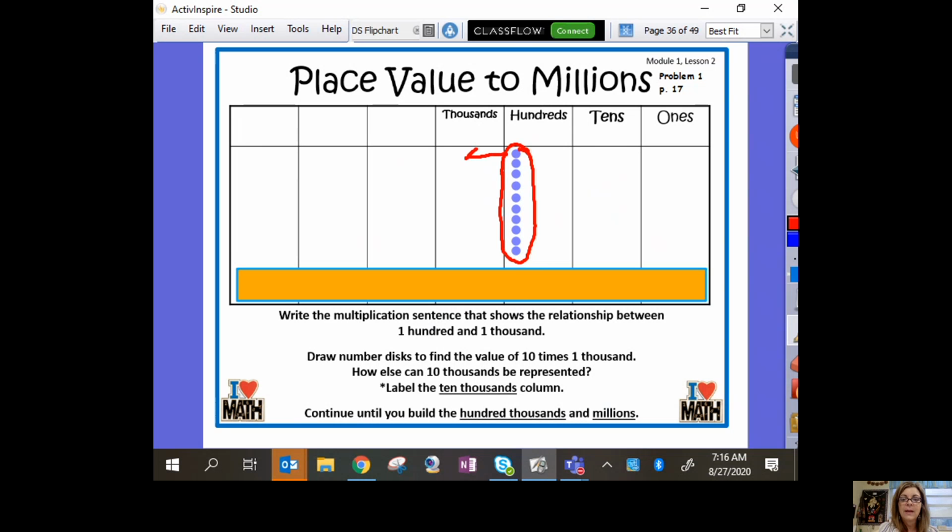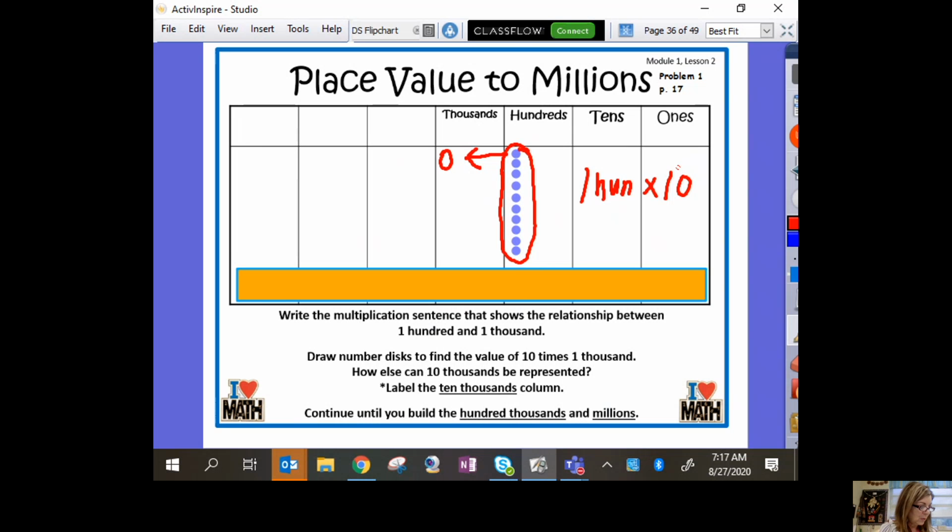So I'm going to move that over here into the thousands. I started with 100, and I multiplied it by 10, and that gave me 1,000.